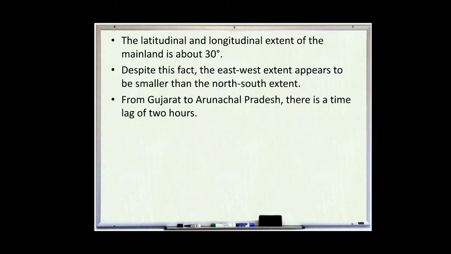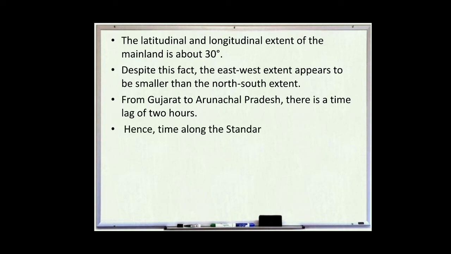The reason behind it: the difference between Gujarat and Arunachal Pradesh is 30 degrees, and if you see the grid, to pass from one grid to another takes 4 minutes, and when you multiply 4 minutes by 30, it is 120 minutes. 120 minutes converted into hours is 2 hours. Fine. So this is the reason the time lag between Arunachal Pradesh and Gujarat is 2 hours.